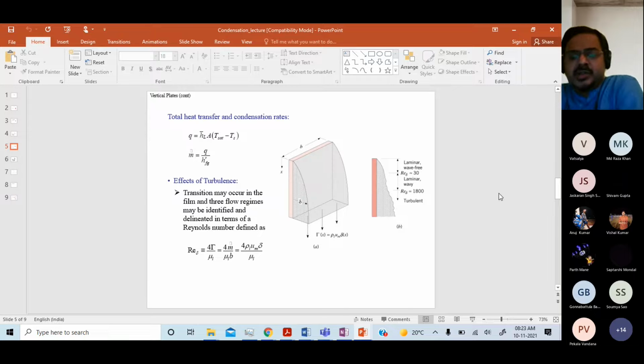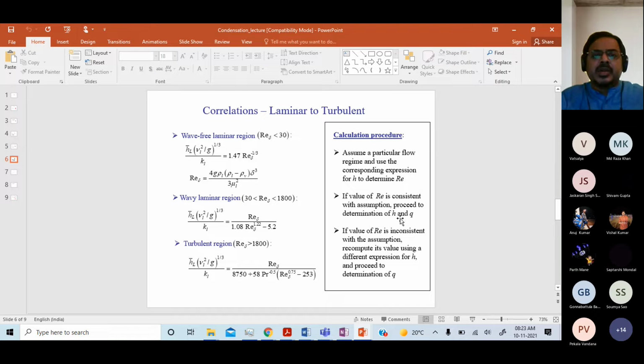Now this was laminar film condensation. Now there's something called turbulent film condensation, where it's no longer laminar. You know that the outline of the film gets disturbed. It's a wavy pattern that forms if the length is too long. Okay. So there are correlations.